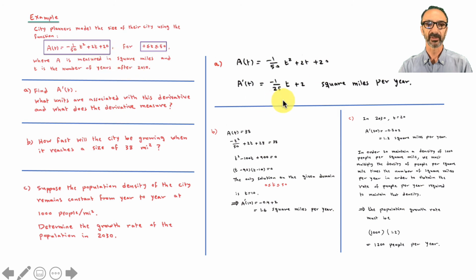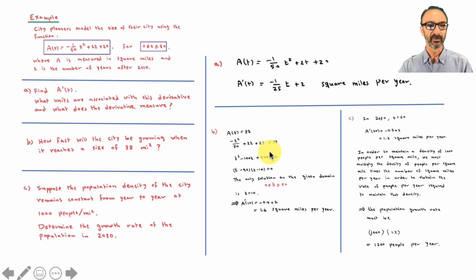Just go back to the reading. That's what they want. How fast will the city be growing when it reaches a size of 38 square miles? Here's A. This is my A. You set it equal to 38.